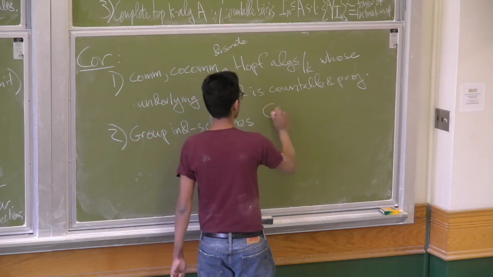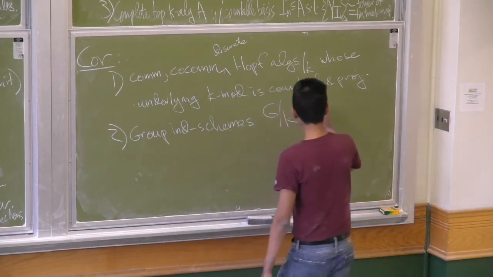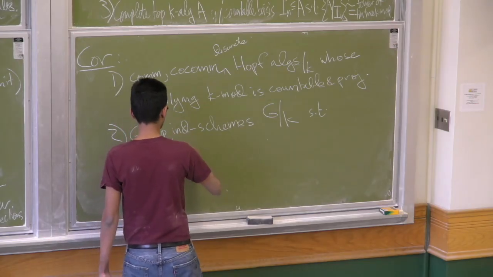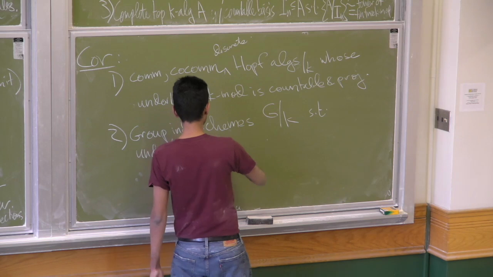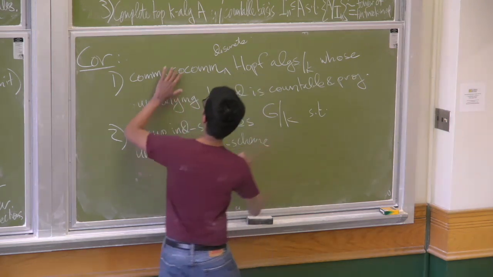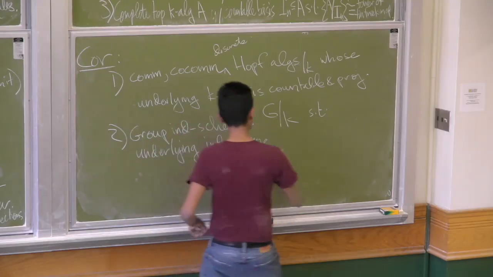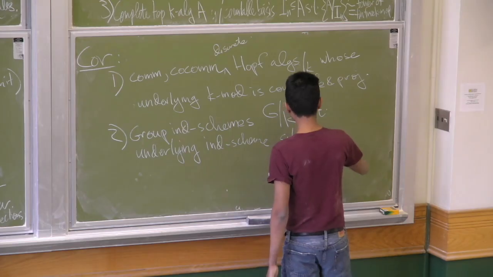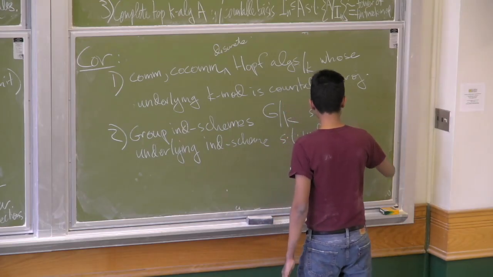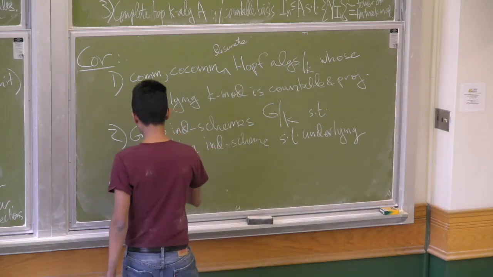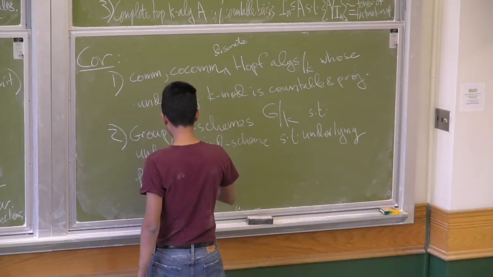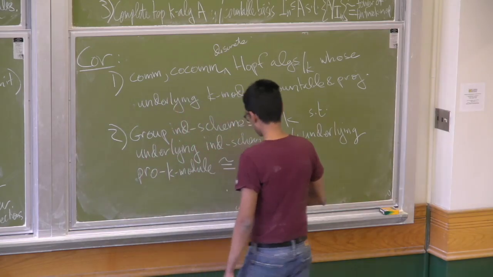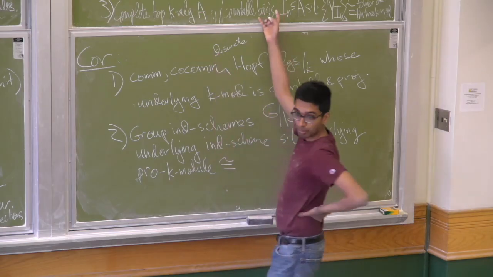Group ind-schemes G over K, which have the following property: such that the underlying ind-scheme is as in 2. So it's such that the underlying pro-ring, or the underlying pro-module, satisfies basically this kind of flatness condition.